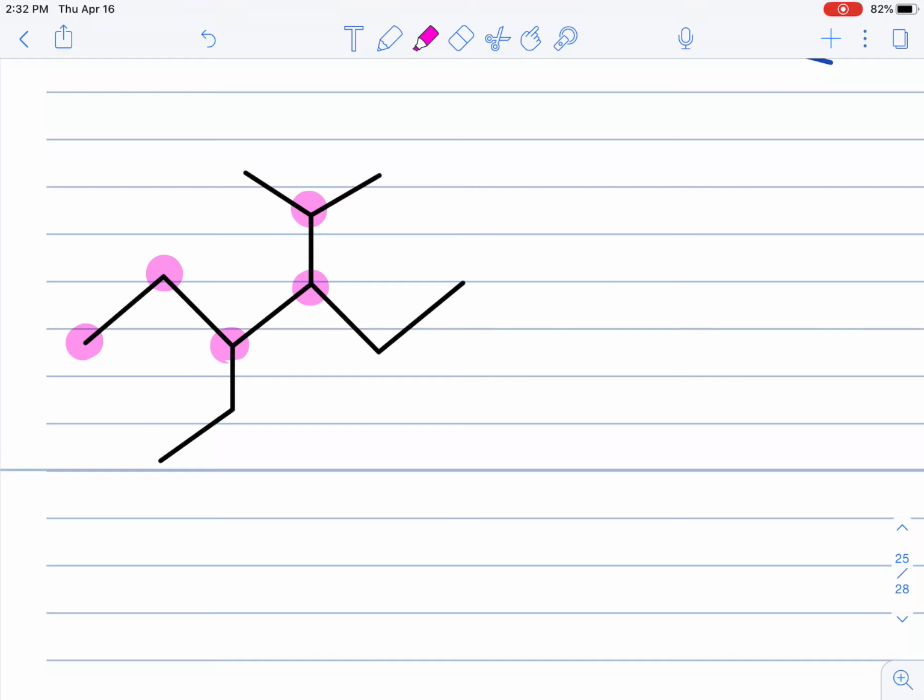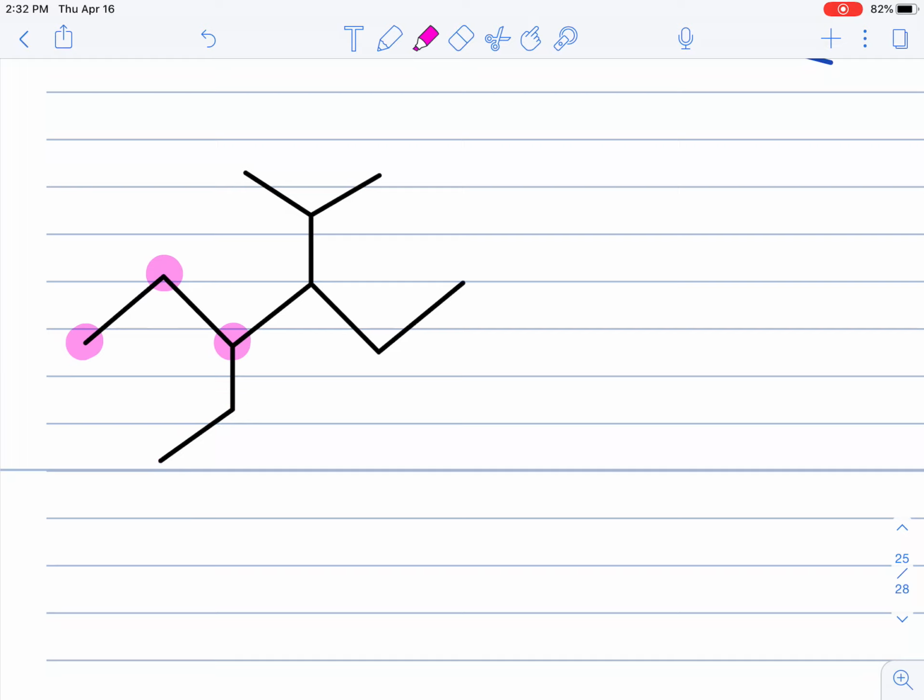There's a branching point, and so that's also 6. So it doesn't matter if I go left or right, I have 6 carbons. Let me take a step back. I have another branching point here on the third. So 1, 2, 3, 4, 5. Right now my highest is 6, so that's probably not the right answer.